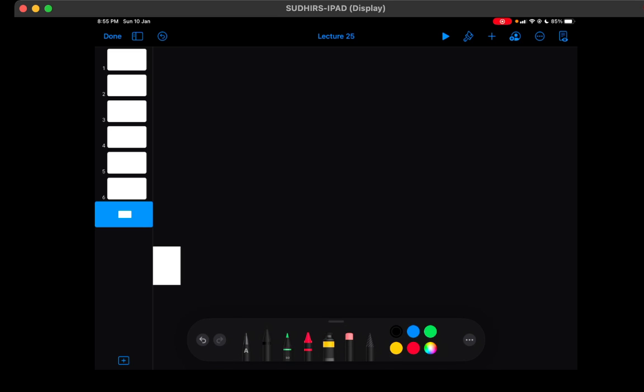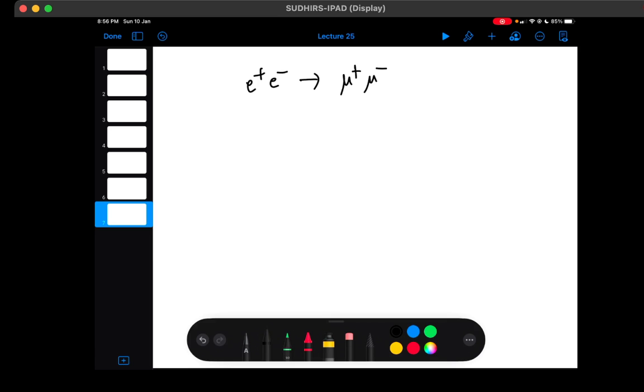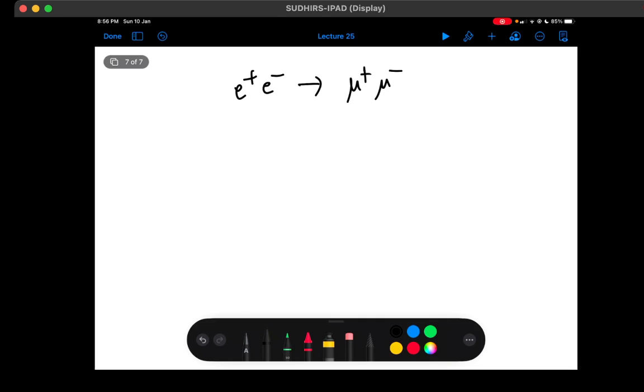Now this is a process which we have looked into. Taking time in this direction, this has only one diagram.